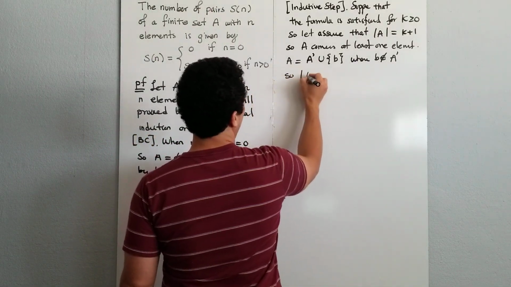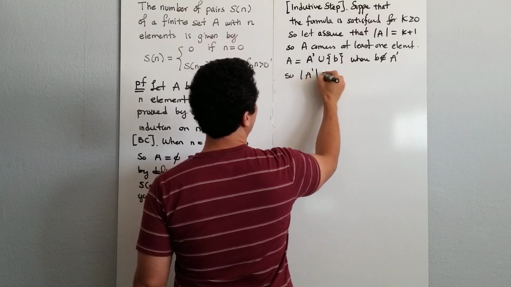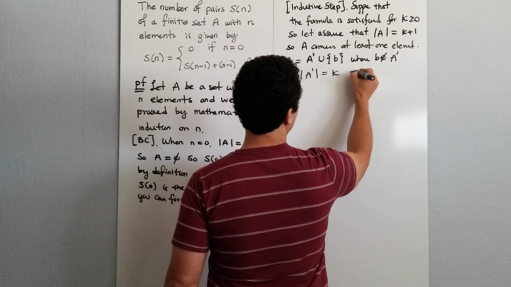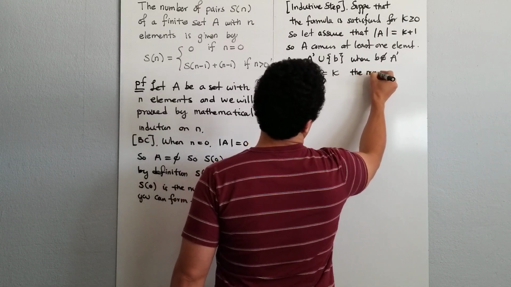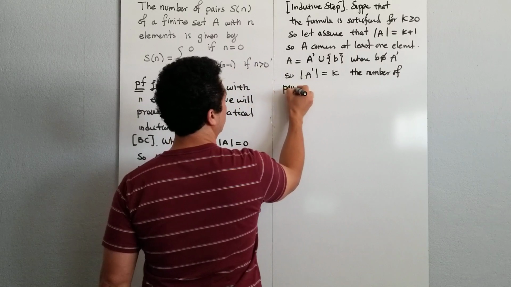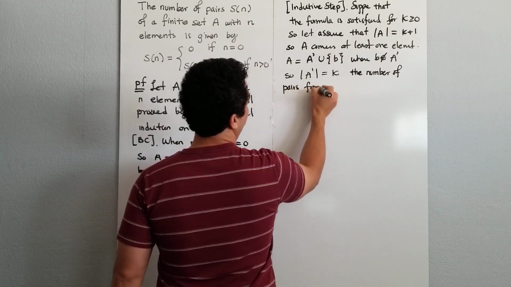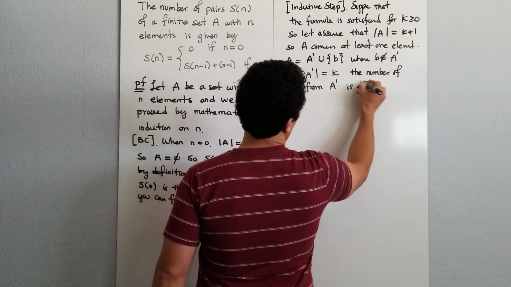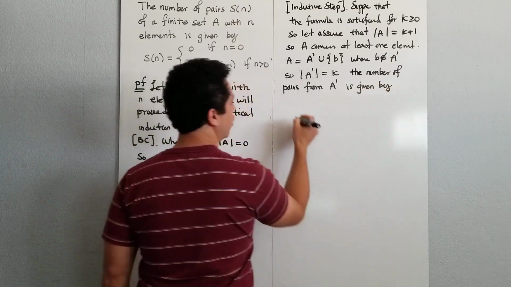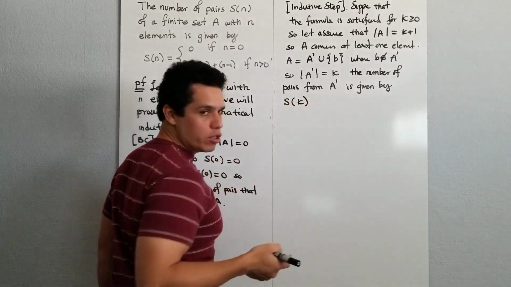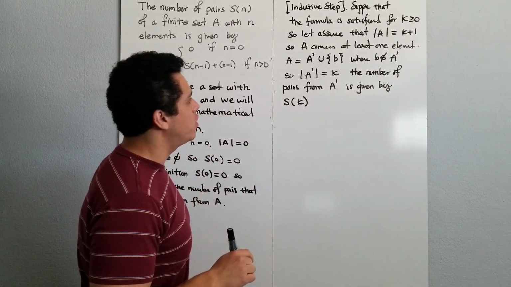The cardinality of A prime is equal to K. So this says that the number of pairs from A prime is given by S of K. We're just making use of the inductive hypothesis.